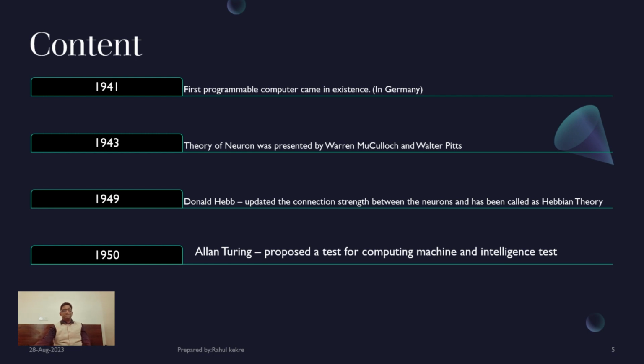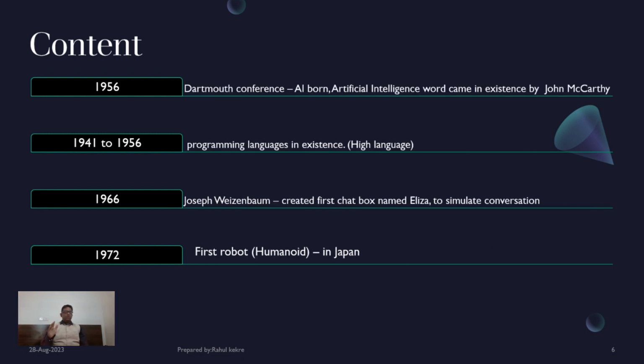Okay guys, to continue our discussion on the history of artificial intelligence, now we reach 1956, which has a lot of importance because at the Dartmouth conference the term artificial intelligence came into existence, given by Mr. John McCarthy.